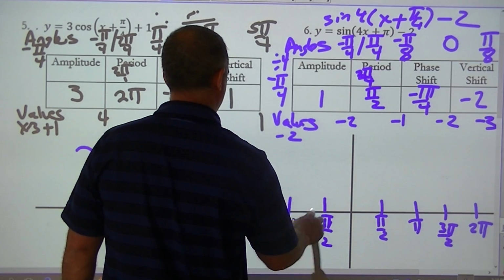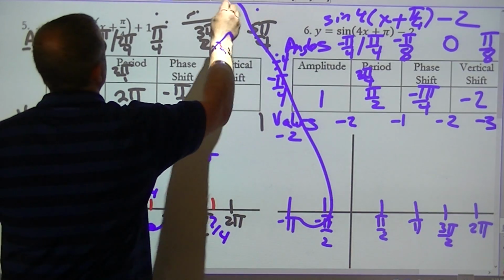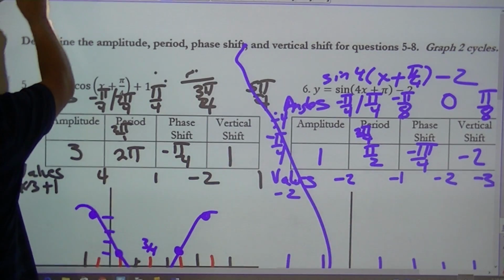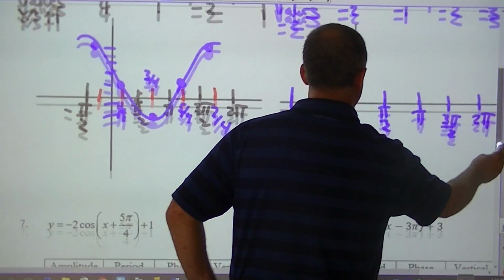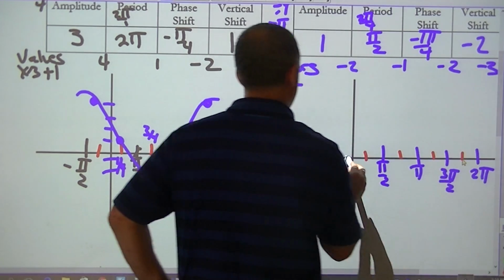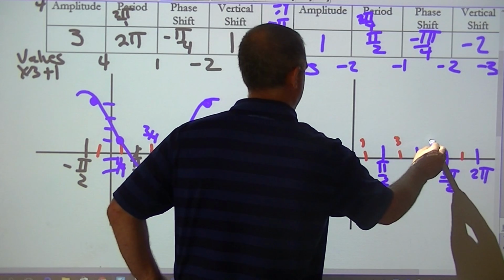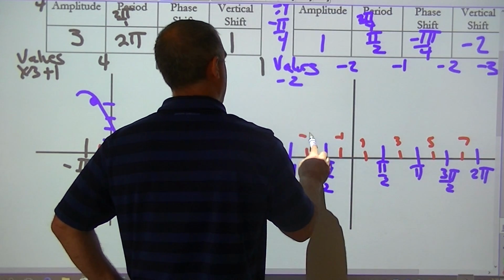Now, in red would be my quarters. So that's 1, 3, 5, and 7. Negative 1, negative 3.